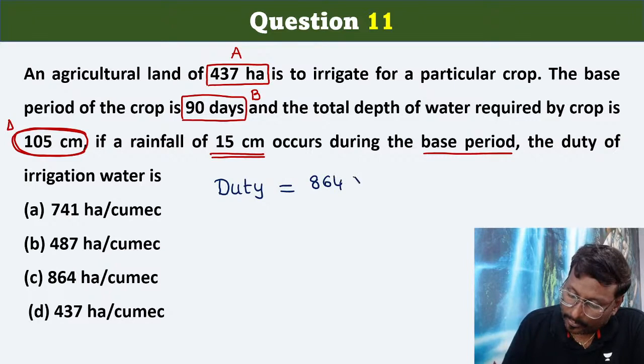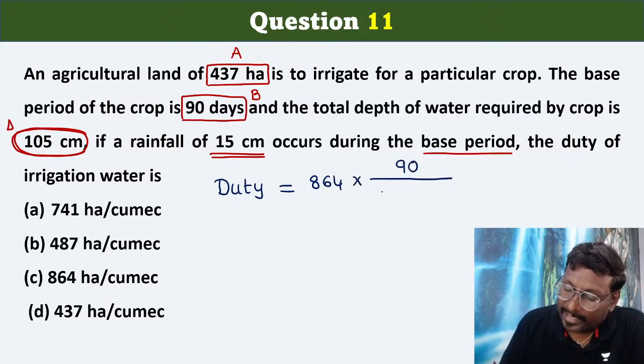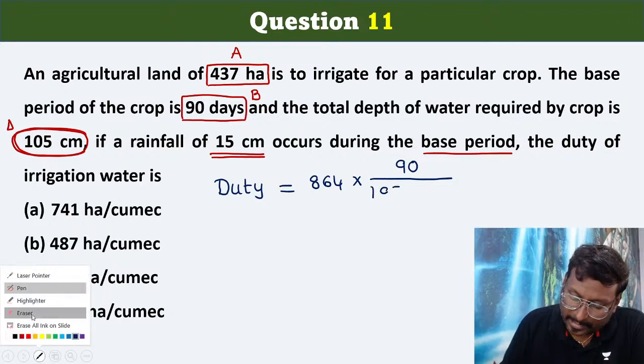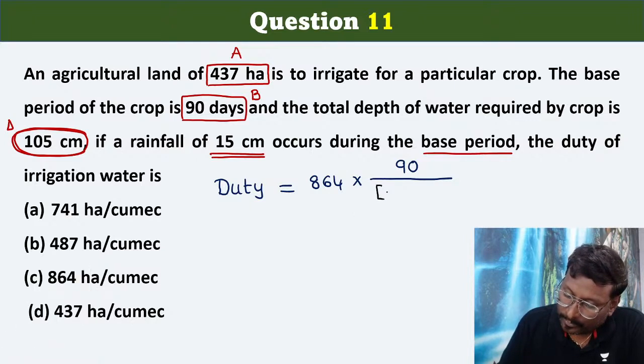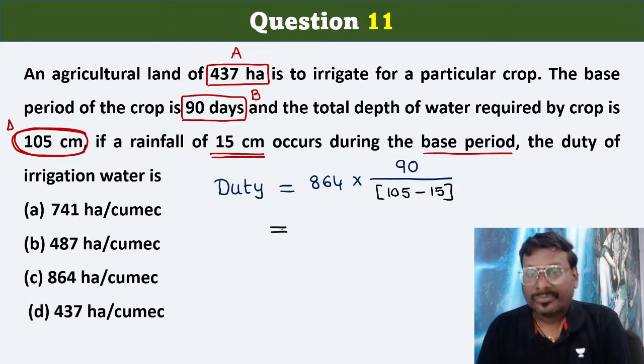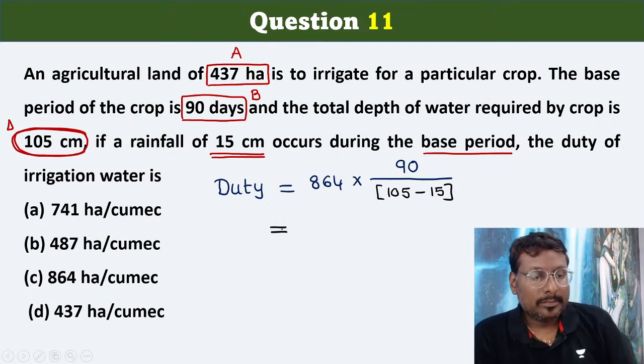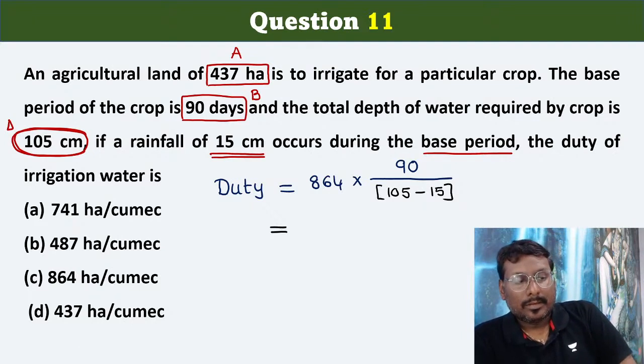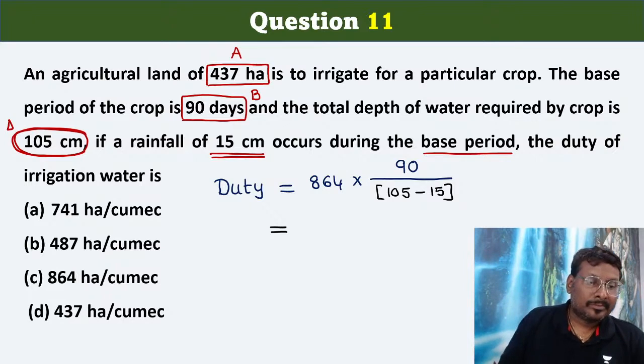Duty is 864 B by delta. Delta exclusive of rainfall, after subtracting rainfall. 864 into 90 by 105 minus 15.